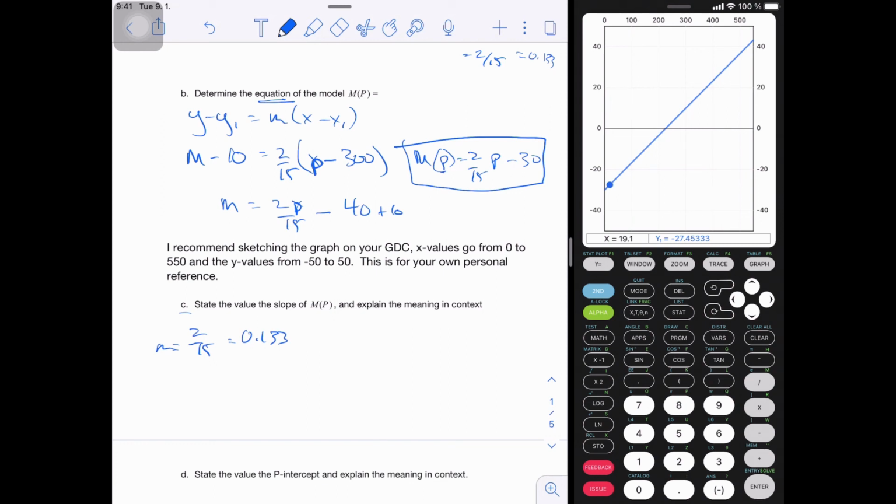And so what that means, if I think about this, I know that M, mistakes, is on the top of this fraction, and the units produced is on the bottom.